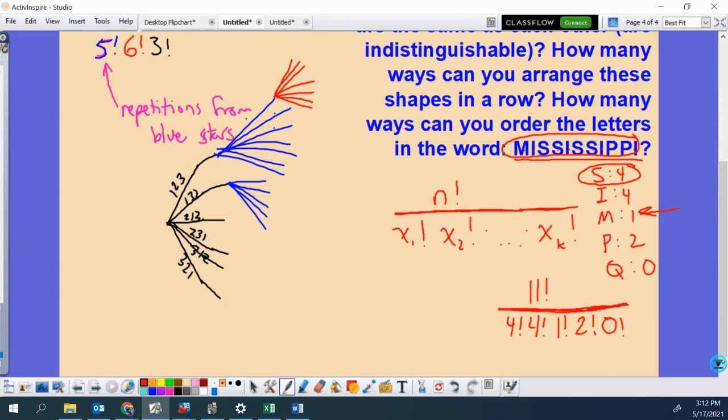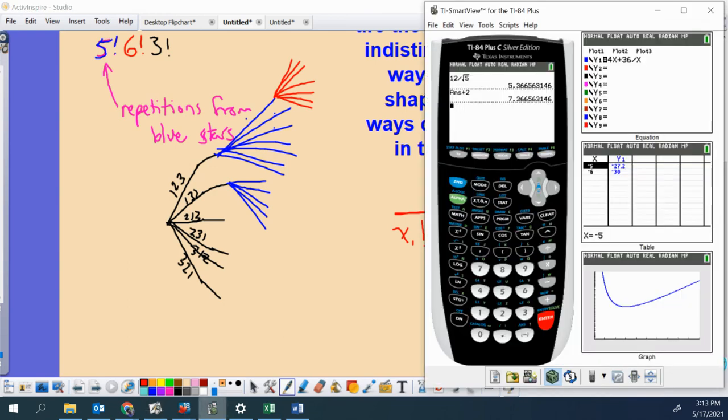I didn't bother to actually compute these. I guess I could. I have a graphing calculator right here. And if we wanted Mississippi, let's do that one. Factorial is choice 9 here. I want a fraction, and I want 11 factorial on top.